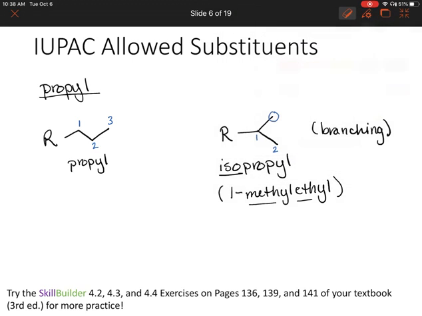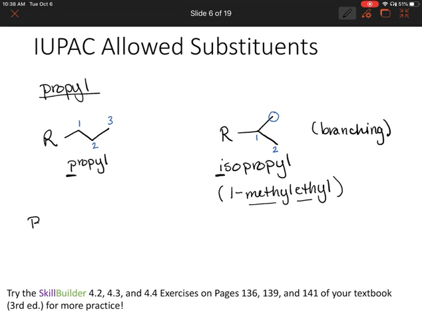All right, but isopropyl is a little bit easier. It's a little quicker to write, right? So if we were alphabetizing substituents, isopropyl would go before propyl because the iso prefix does count when we're alphabetizing.